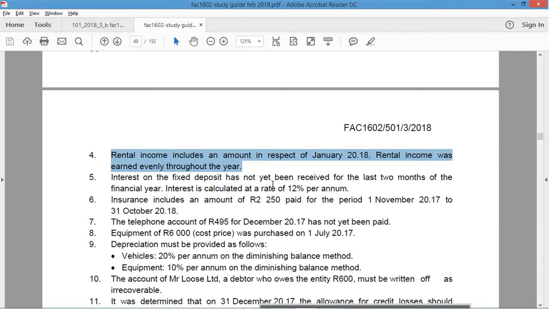That's the question I'm trying to ask. It won't be an expense. Think about it. You get income today, but you haven't done anything yet. So it's accrued, it's prepaid. It's income received in advance.